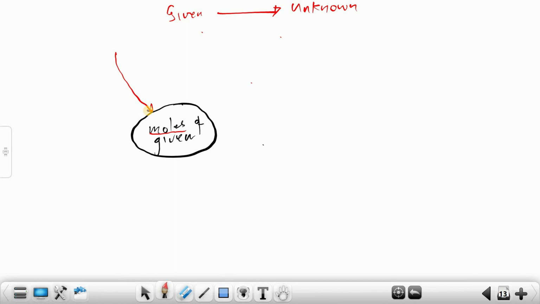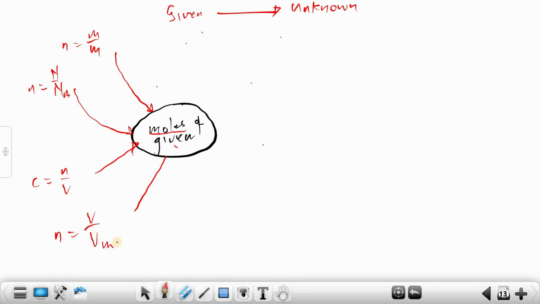Those four basic equations we started with. n is equal to m over M. Another one, n is equal to N over NA. And another one, C is equal to n over V. And another one is n is equal to V over Vm.